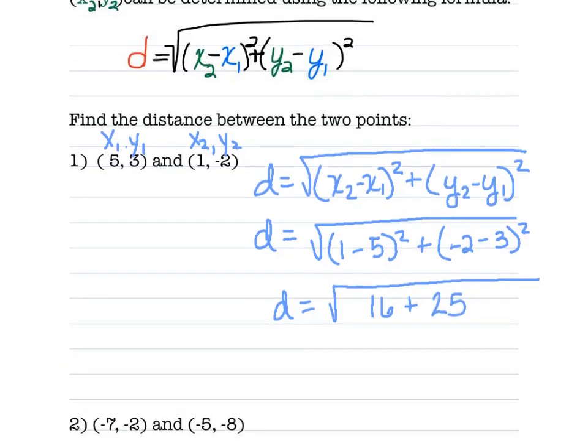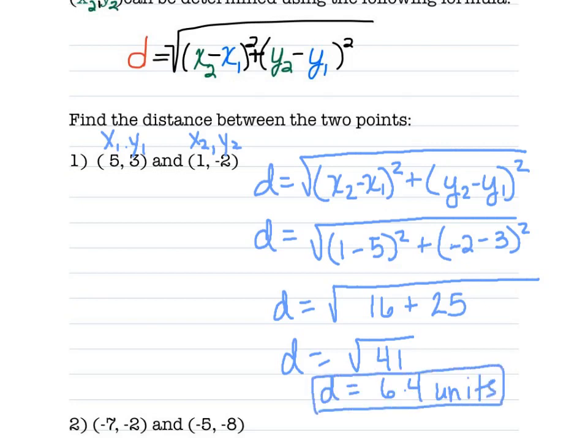Okay, simplify one last time. Distance equals the square root of 41. Use your calculator to determine the square root of 41. We'll round to the hundredths place. So the square root of 41 is 6.4 units. That is the distance between those 2 points.